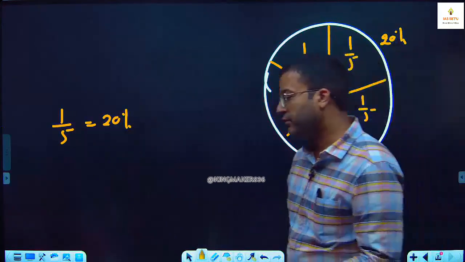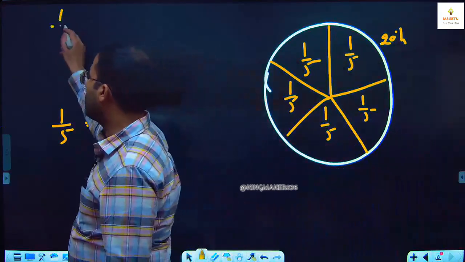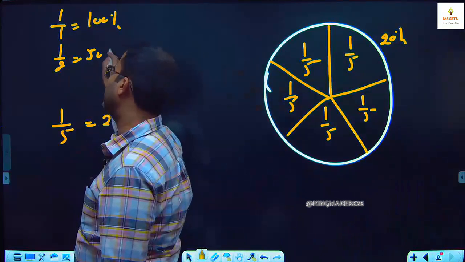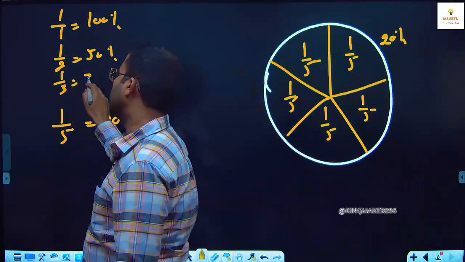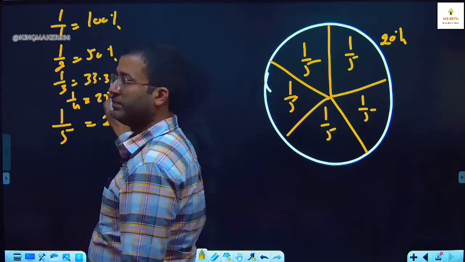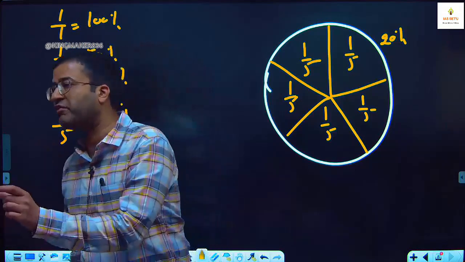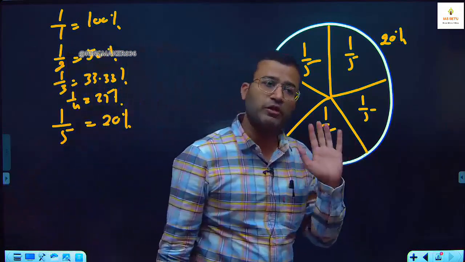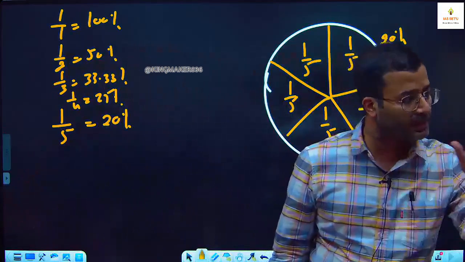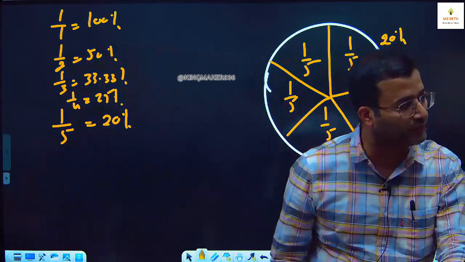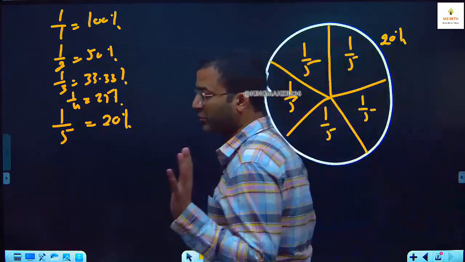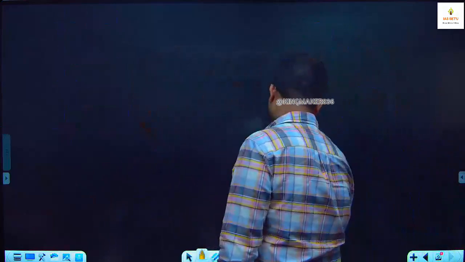Before I give you the table, if I say 1/1 is 100%, 1/2 is 50%, 1/3 is 33.33%, 1/4 is 25%. If I can say 25% can be taken as 1/4, is it okay? Fine. So can we convert percentage into fraction, fraction into percentage? Yes. So now I give the table and you have to remember the table in sequence.